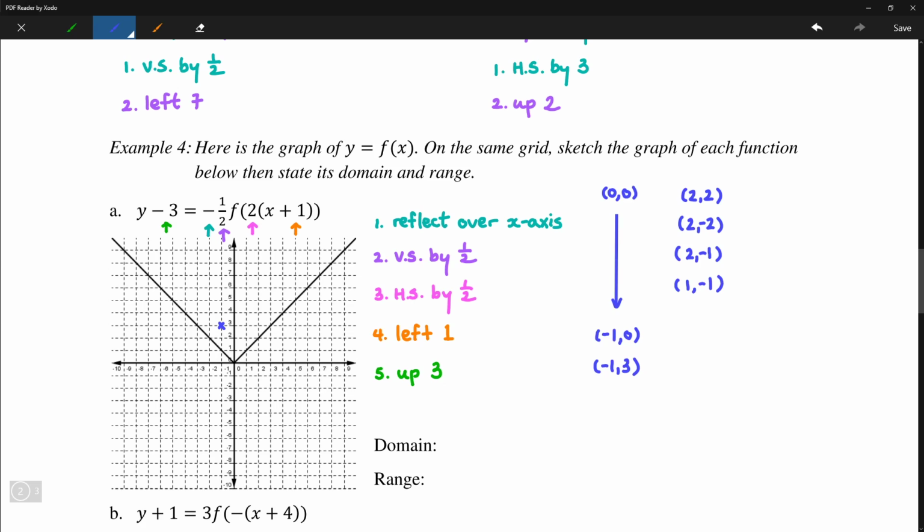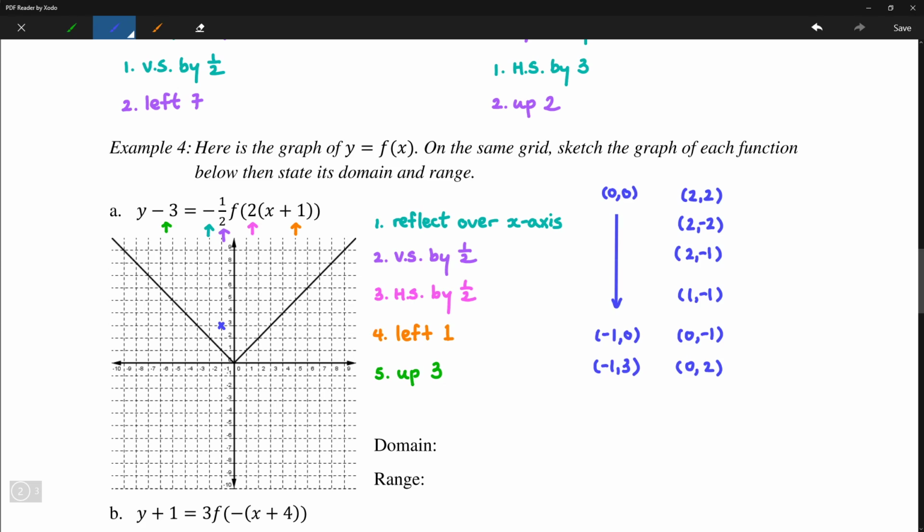This is not lined up very well, but hopefully we get the idea. Oh, this just needs to be a bit lower. There we go. 1, negative 1. Left 1, so 0, negative 1. And up 3, so 0, positive 2. Okay, so 0, 2.